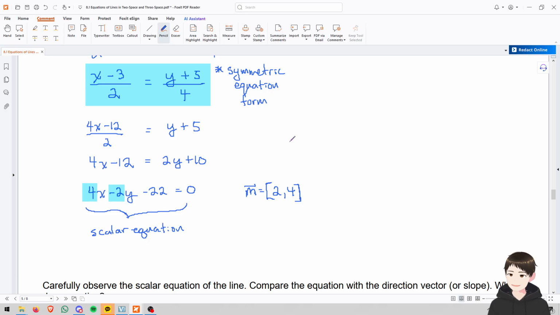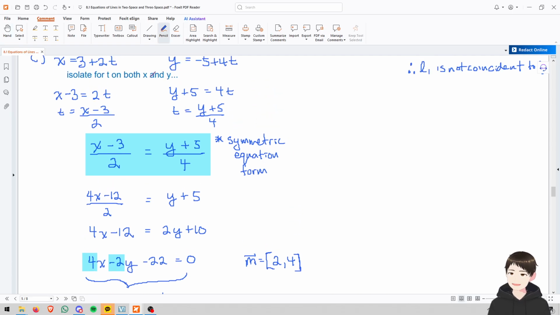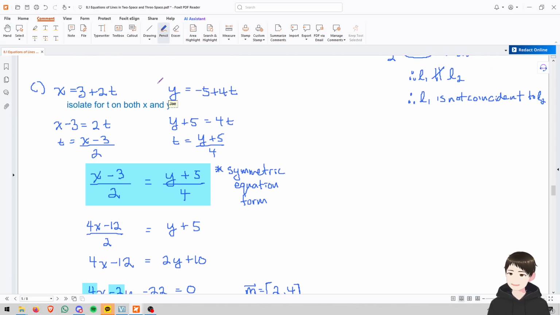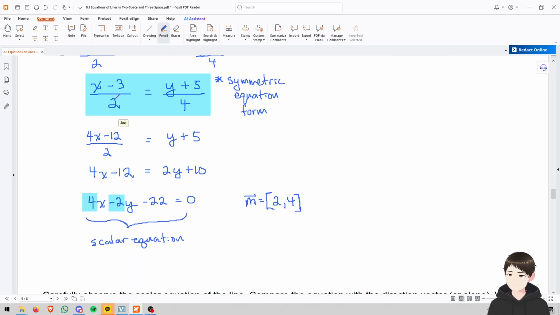You can find this by taking the parametric equation, isolating for t, the parameter, and making the t disappear essentially by doing a substitution. You get yourself a scalar equation, and notice that there is no vector here. This scalar equation also represents our line.